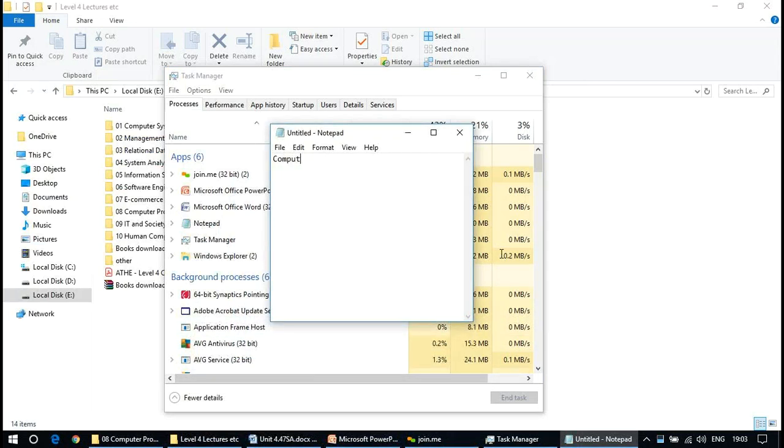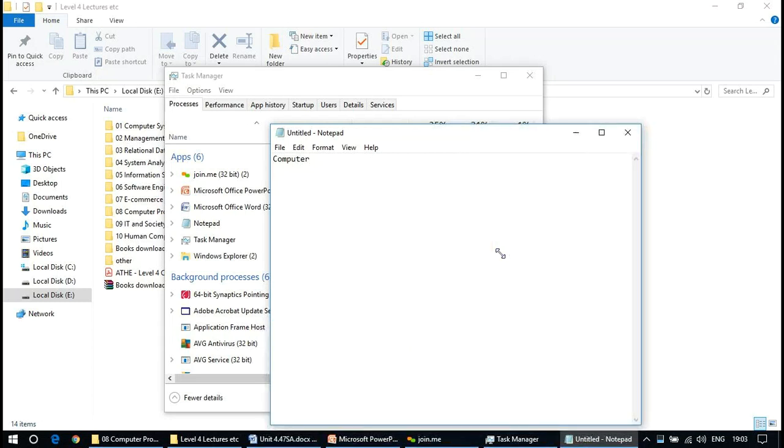Good. A computer is based on hardware and software. Hardware is the physical components, and the software is a set of instructions, computer programs, and those computer programs are basically written in a computer programming language.